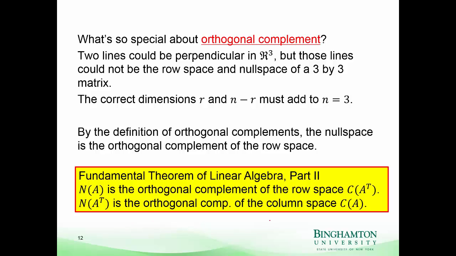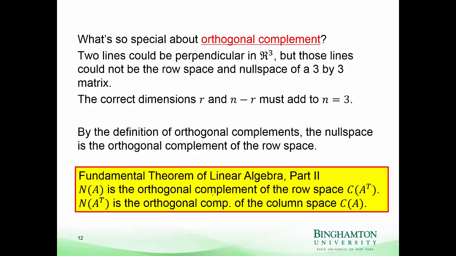More important, this is really important, but something else that's just as important is that, remember we said that you give me a vector in the whole space, and I can write it as a sum of something in one plus something in its orthogonal complement.